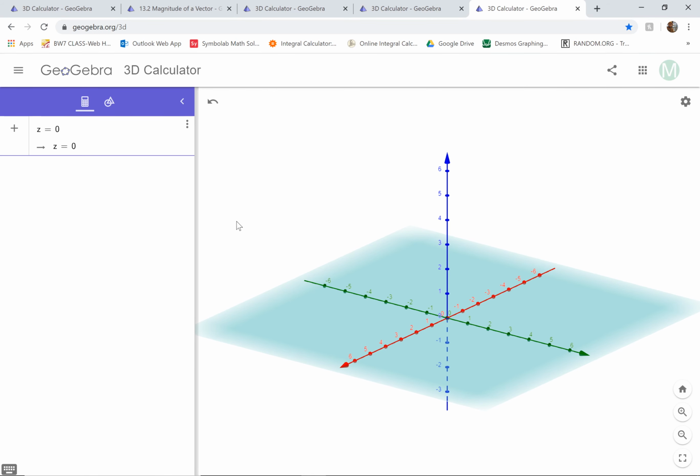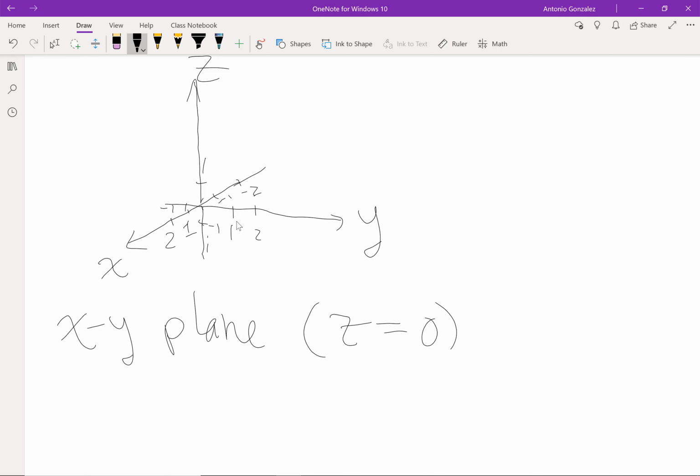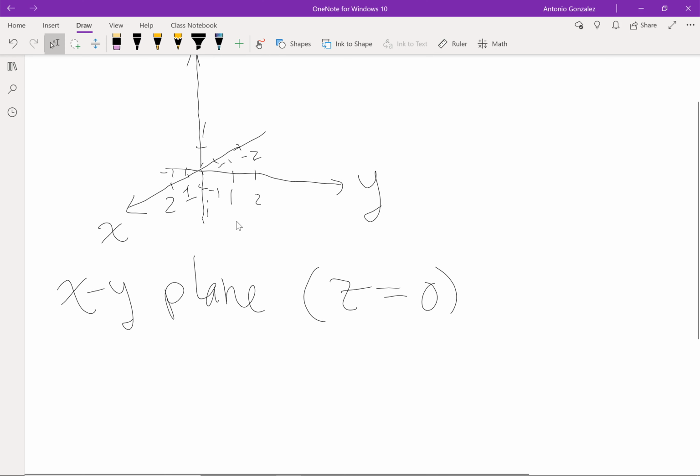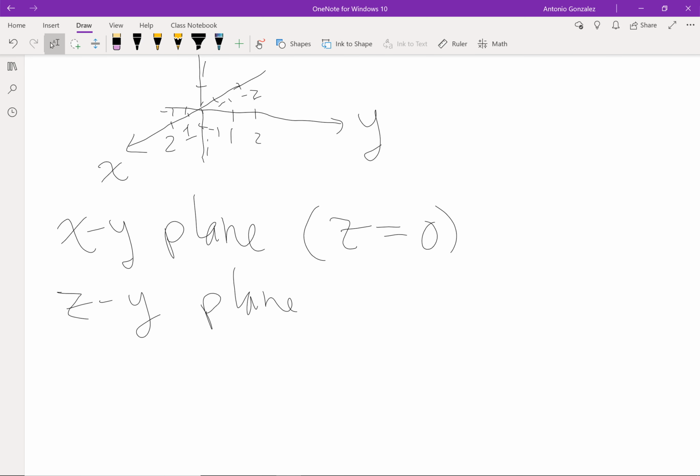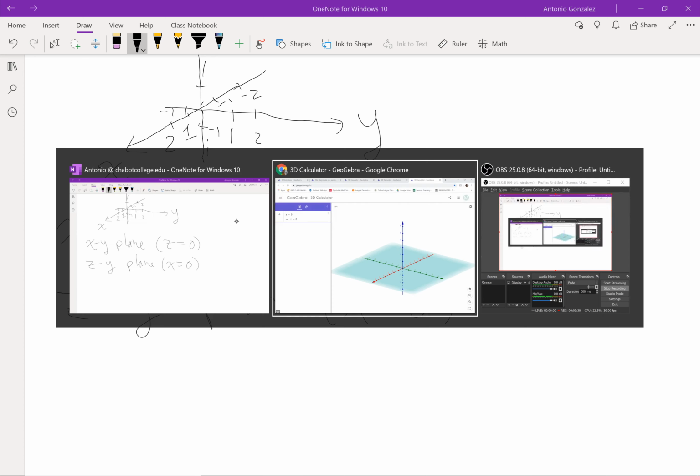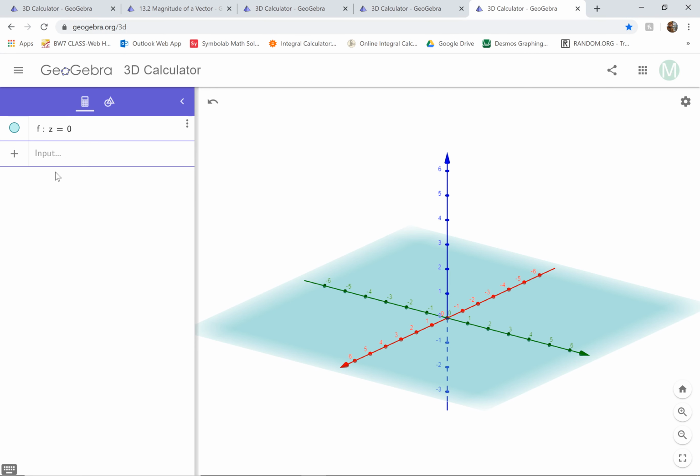All right, and that's not the only plane that we have here. What about the ZY plane? When does that occur? That occurs where we have values of z and y, and the other variable x is equal to 0. What happens when x is 0?